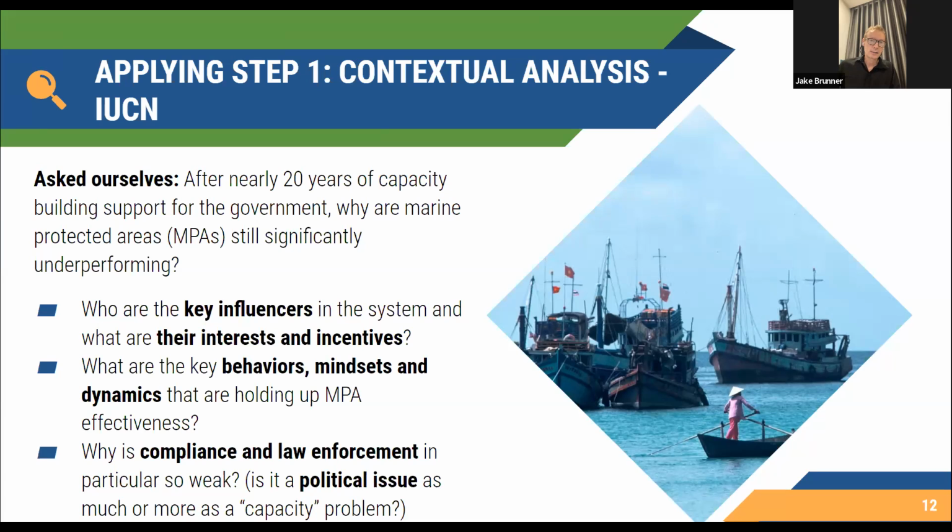And that's surprising in many ways, because there's been 20 years or so of consistent international support for training, provision of equipment, capacity building of various kinds. Yet we find that the ability to actually protect these areas is very, very weak.